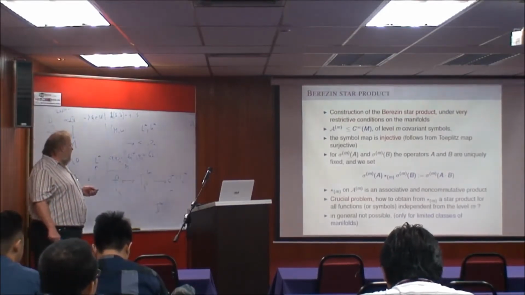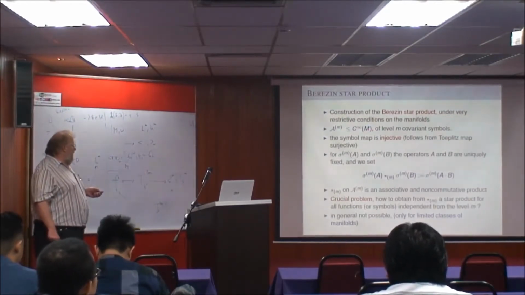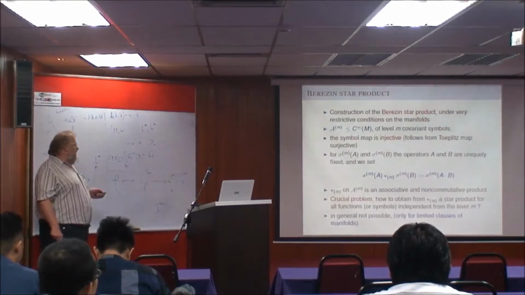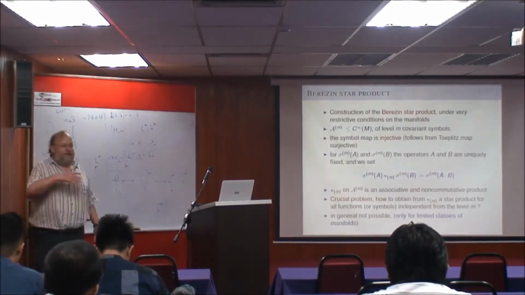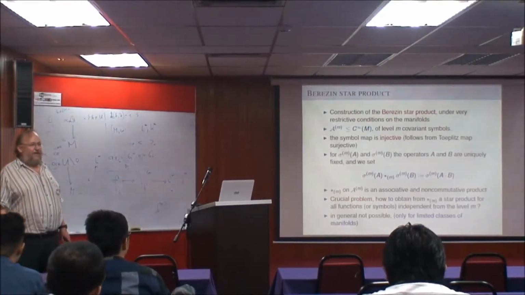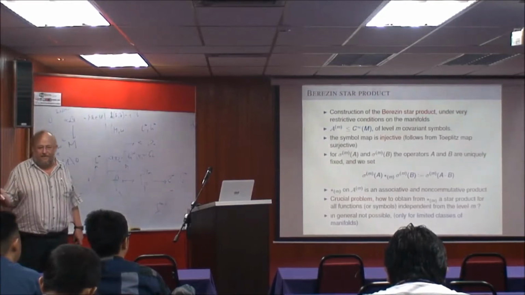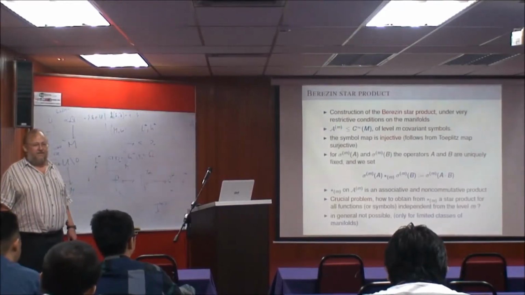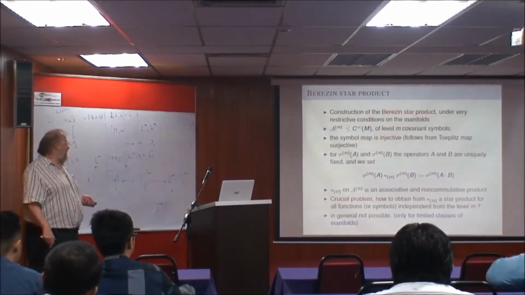Today. So we have, you see, this is our C infinity of M. And now we have a certain subspace of level M covariant symbols. We take all operators and we take all its covariant symbols. This is a subspace of the space of all these functions, because the symbols are nothing else than functions.